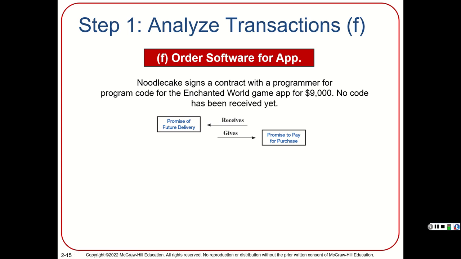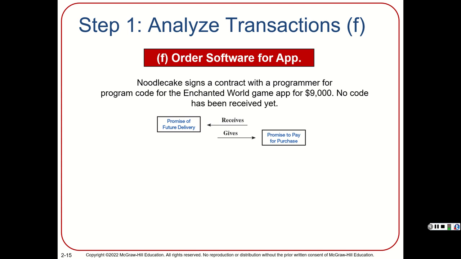All right, this one is a little bit different. Keep in mind that a recorded transaction has to result in the exchange being completed. So here, Noodlecake signs a contract with a programmer for program code for $9,000. The code has not yet been received. That's the most important part.